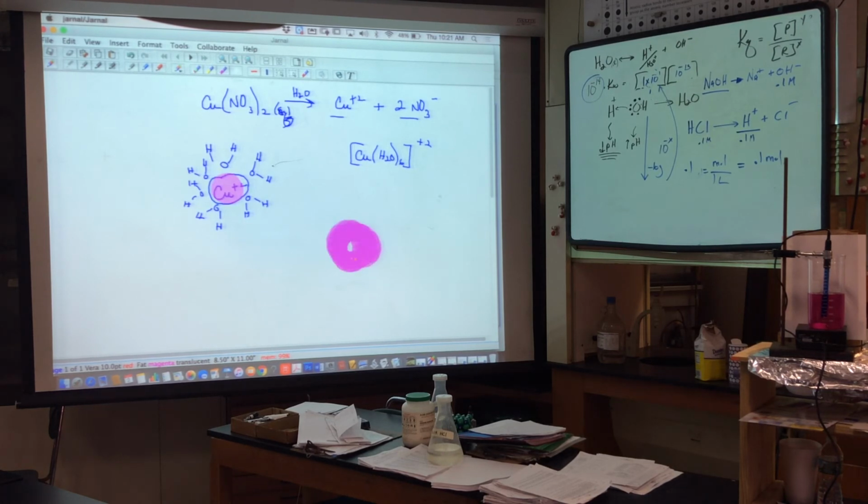So if I make this bigger, it's +2. Let's draw an oxygen. Let's draw the electrons. We know they're closer to the oxygen side, so here are my H's. Polar. Now what happens is, because of this +2, it's so small and highly charged, it does this.